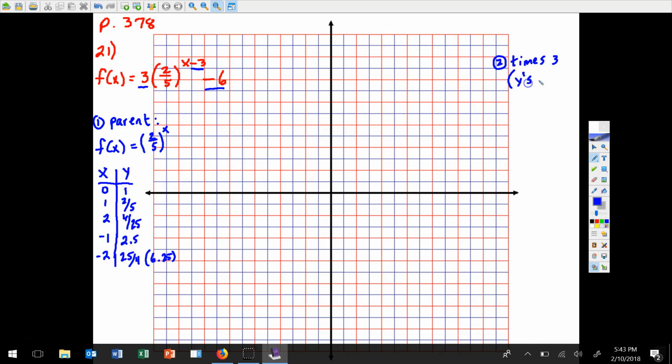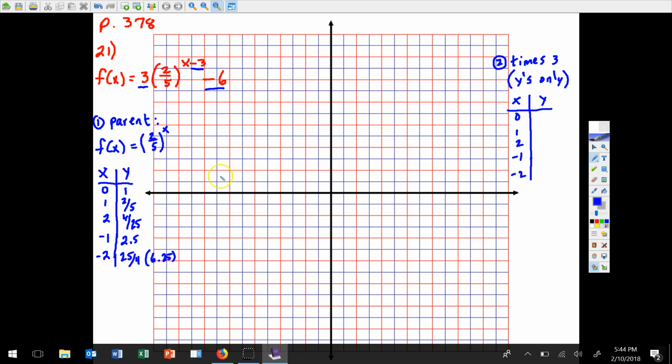Looking at your parent table that you just made up, we're only going to multiply the y coordinates of the parent by this number, in this case 3. Alright, so let's see what that table looks like. Now I'm just going to write the x's down because at this point with step number 2 nothing is happening to these x's.